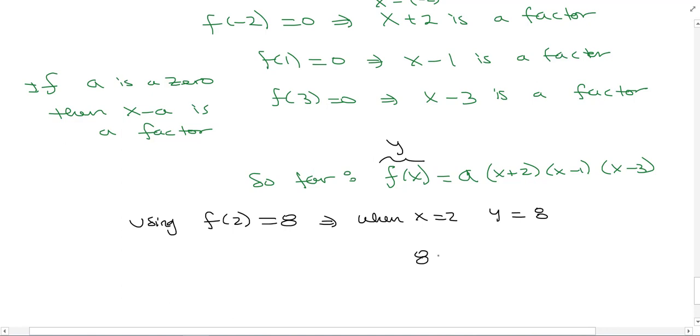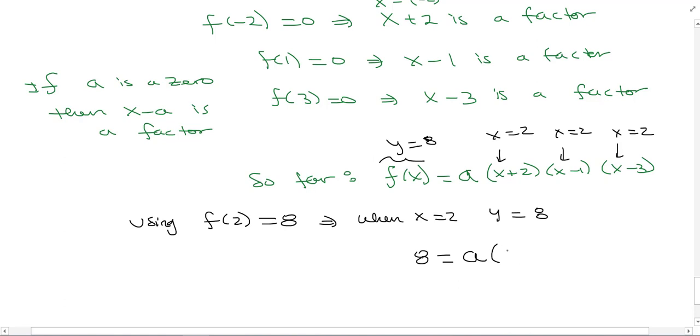So I have 8 equals a times x plus 2, but I should be plugging in what my x is. X is 2. So for every x, we're going to plug in 2. And y is 8, just to be consistent there.